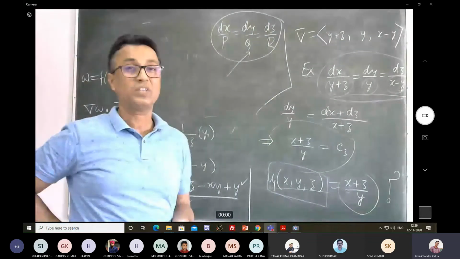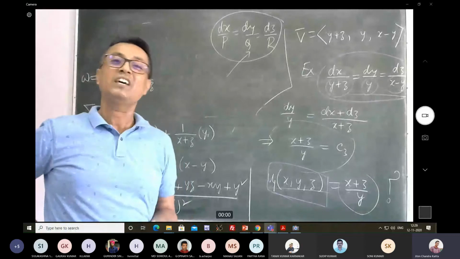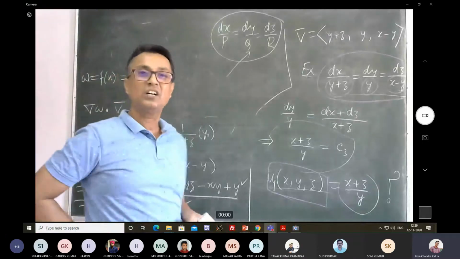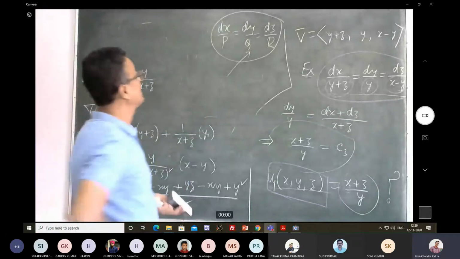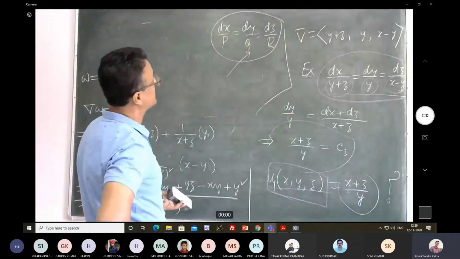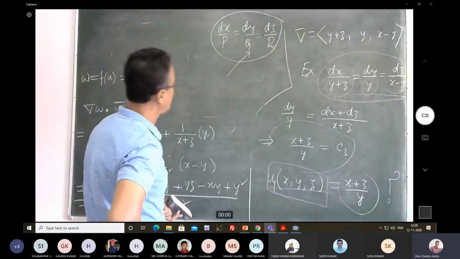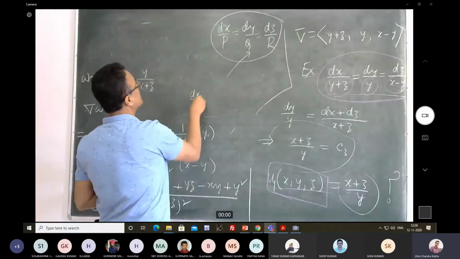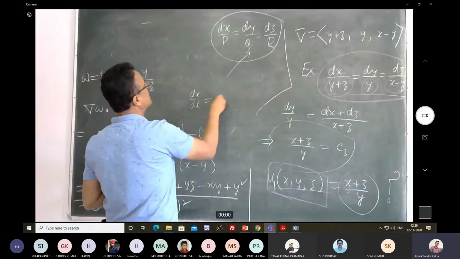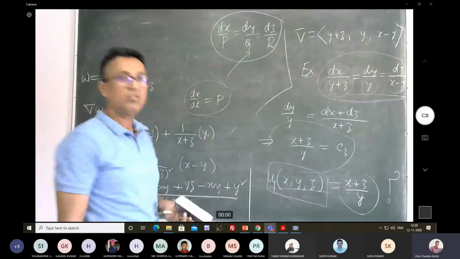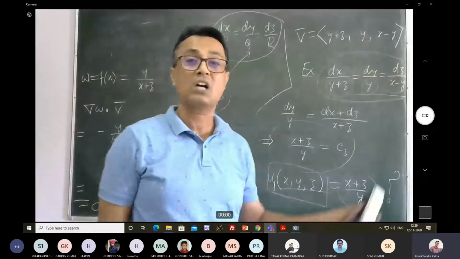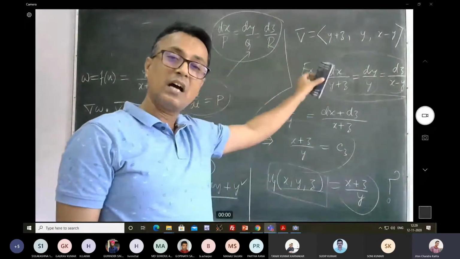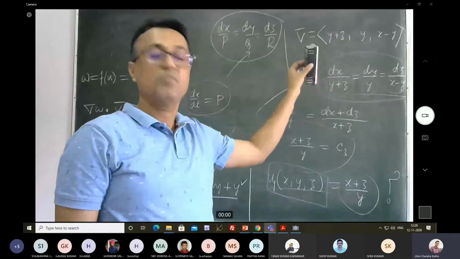As I have told you, you can always associate a vector field to the equation given by dx/dt equal to p, dy/dt equal to q, and dz/dt equal to r. So now I think the understanding of the meaning is better.